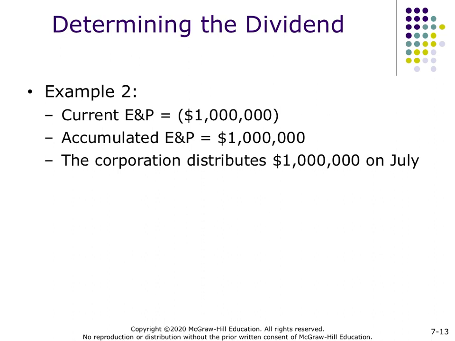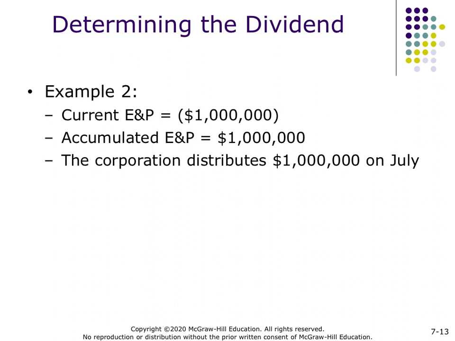Okay, so now we have current earnings and profits that are negative and accumulated earnings and profits that are positive. And the corporation still distributes that $1 million on July 1st. Okay, so now what do we have?